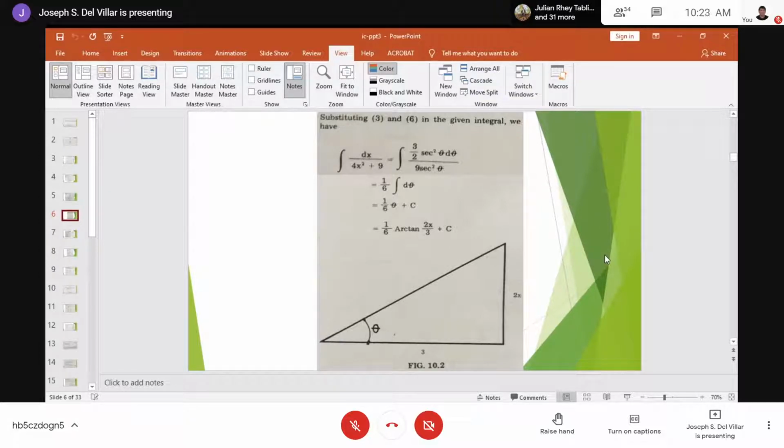Or pwede rin you can spell out arctan, kung ayaw yung symbol. So yung symbol ng arctan is tangent na parang may -1 sa taas. So pwede rin yun. Now, do not forget the constant of integration.